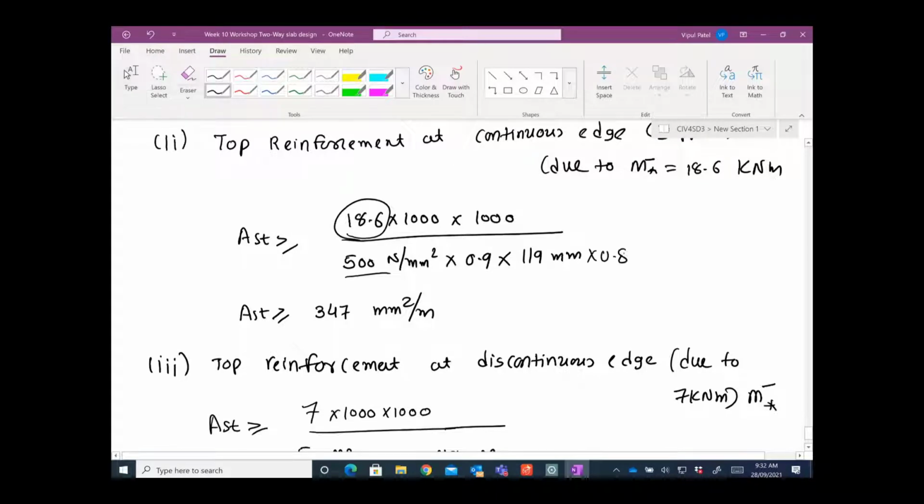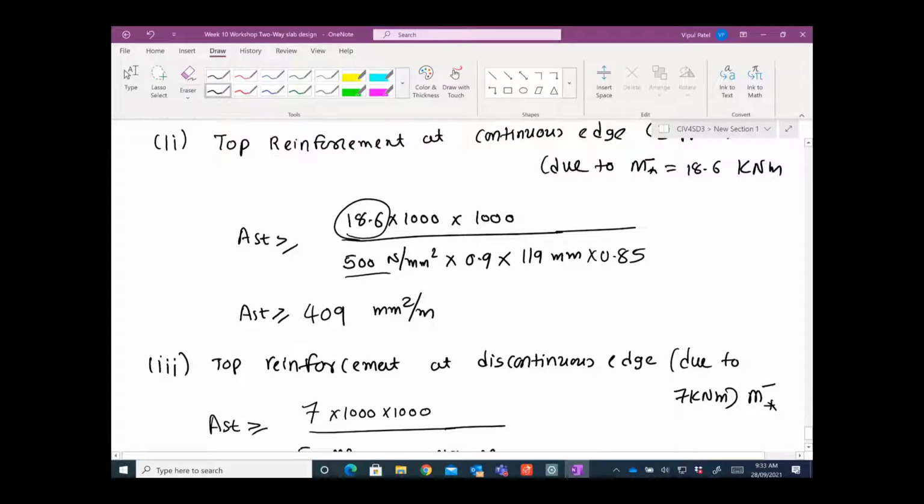Again here, just multiply by 0.85, that capacity factor, I forgot that. Let's recalculate that. Divided by 500 times 0.9 times 119 times 0.85, you get 409 millimeters square per meter.